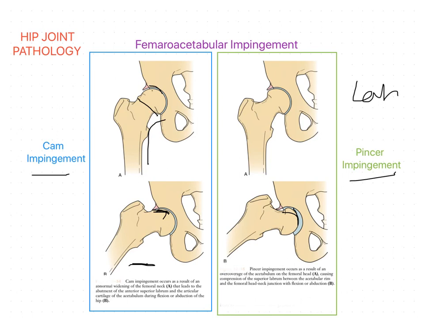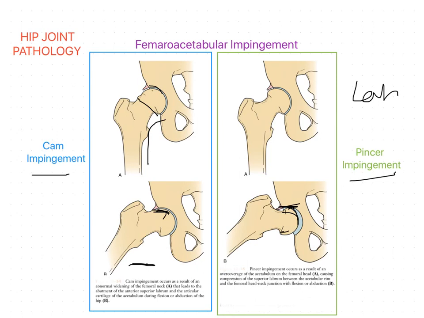This excessive coverage of the femoral head causes a compression of the superior labrum between the acetabular rim and the femoral head and neck in abduction.